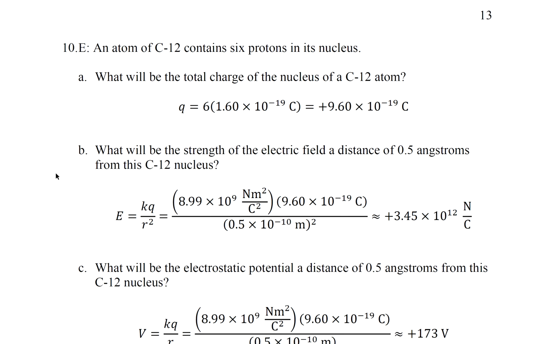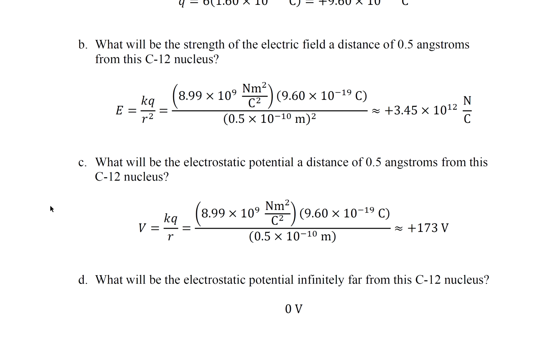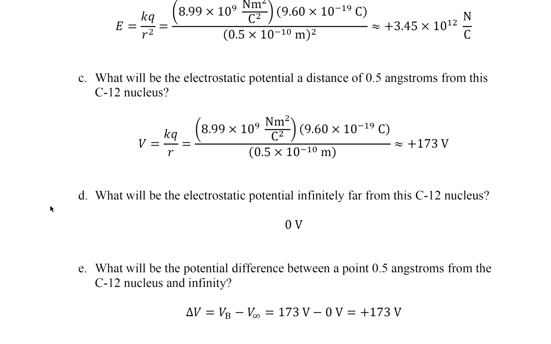Question 10, an atom of carbon-12 contains 6 protons in its nucleus. Part A, what will be the total charge of the nucleus of a carbon-12 atom? Part B, what would be the strength of the electric field a distance of 0.5 angstroms from this carbon-12 nucleus? Part C, what would be the electrostatic potential a distance of 0.5 angstroms from this carbon-12 nucleus?